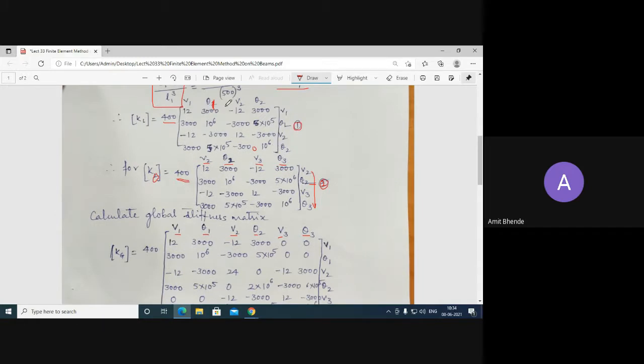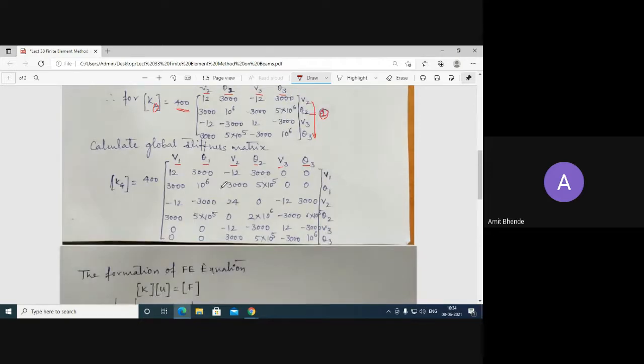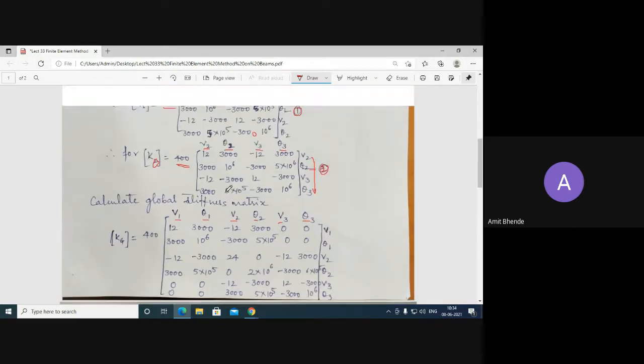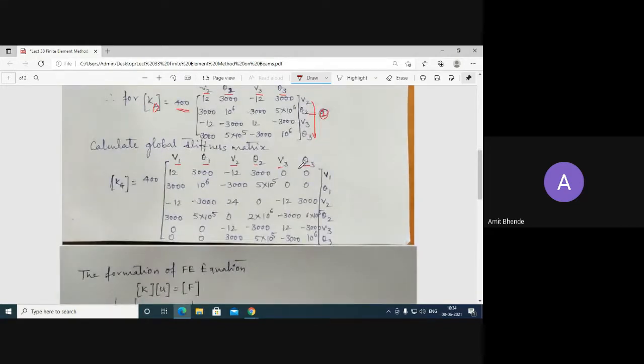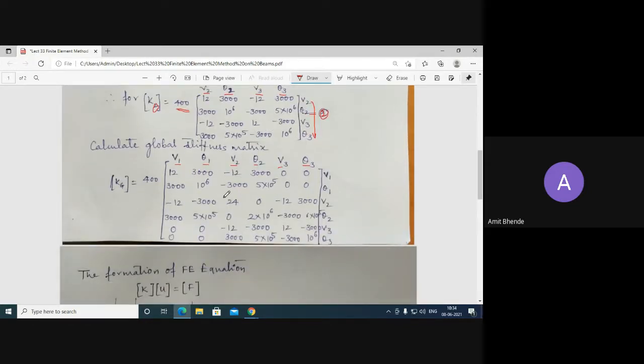Now by looking at the stiffness of element number 1 and the stiffness of element number 2, you can assemble the matrix. Here the values are assembled, and we have obtained the global stiffness matrix.